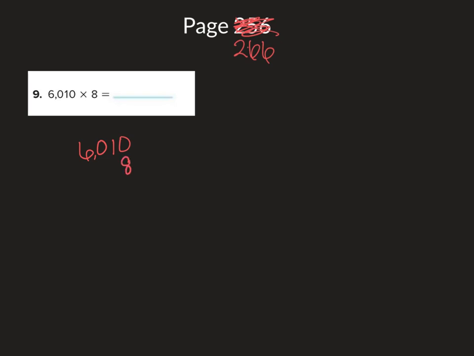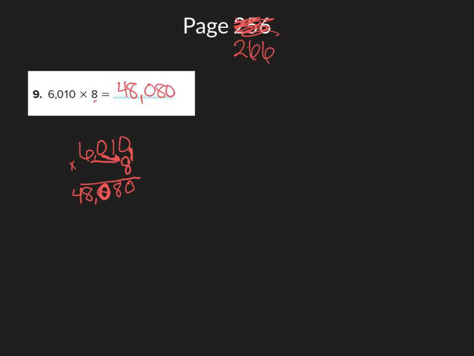Put the 8 in the ones place. 8 times 0 is 0. 8 times 1 is 8. 8 times 0 is 0. 8 times 6 is 48. So our product is 48,080.